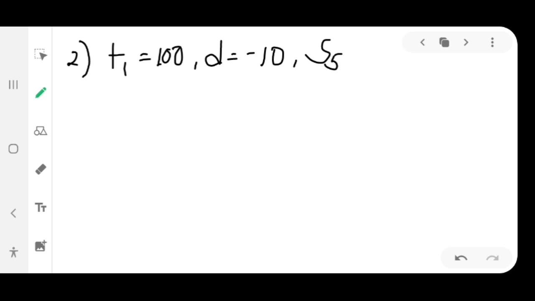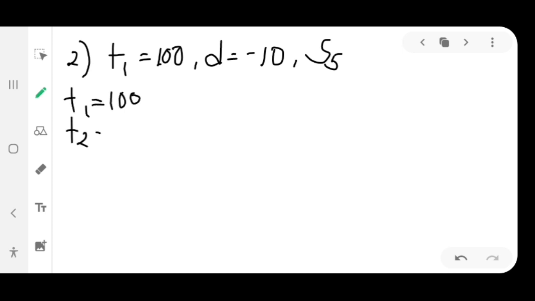Using again the first formula, we are given the first term and the common difference. So we need to identify first the first 5 terms because we are going to look for S sub 5, the sum of the first 5 terms. So our t sub 1 here is 100.